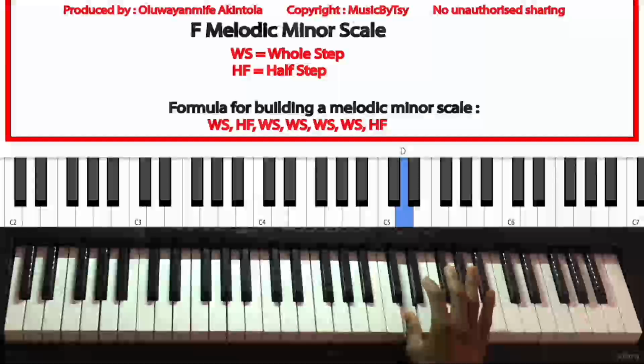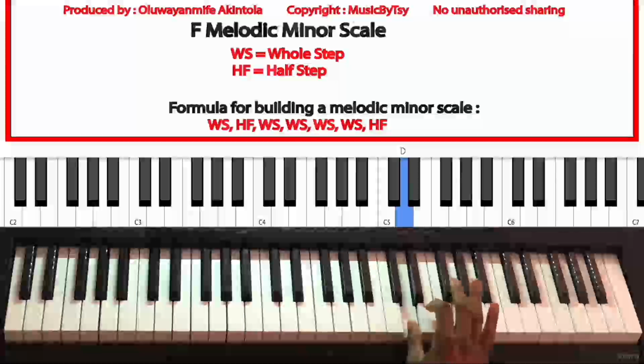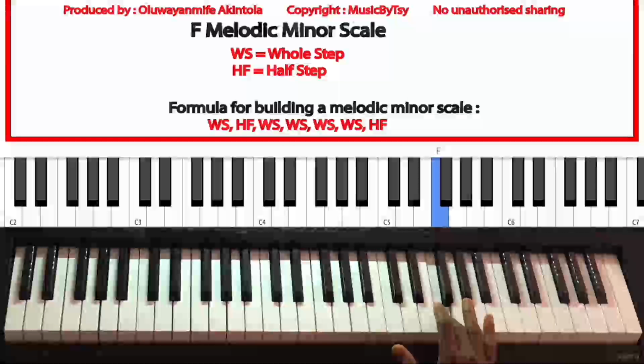Now, the 7th note of the F natural minor scale would have been the key of E flat. But because we are building the F melodic minor scale, the 7th note is not going to be the key of E flat. The 7th note is going to be higher by a half step. So the 7th note is going to be the key of E. And we are going to finish on the key of F. See that?